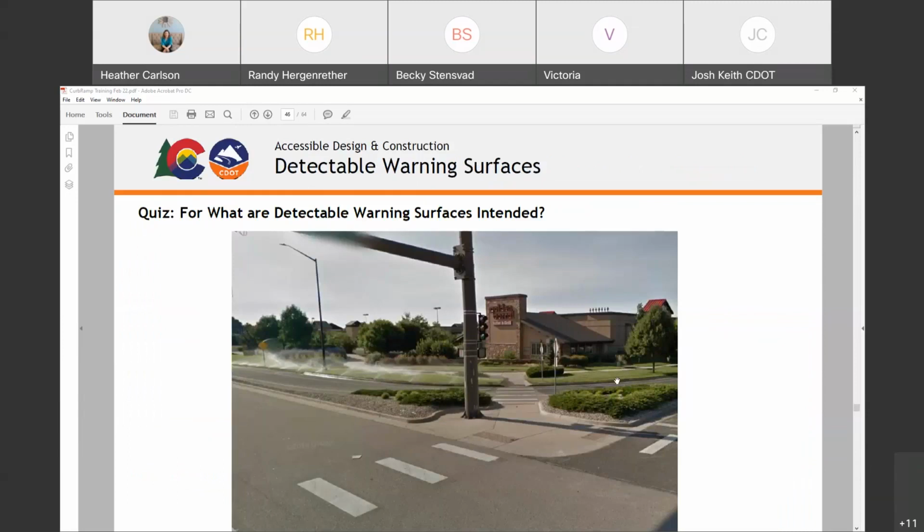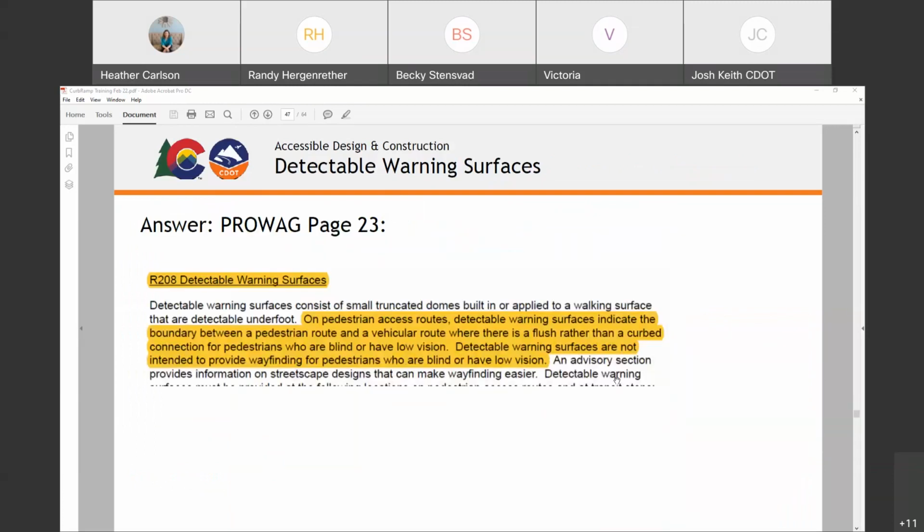And I think that people misunderstand what detectable warning surfaces are for. The question that I often ask is, what do you think they are intended for? What they are for is to indicate the boundary between a pedestrian route and a vehicular route, where there is a flush rather than a curb connection, for pedestrians who are blind or have low vision. Detectable warning surfaces are not intended to provide wayfinding for pedestrians who are blind or have low vision.